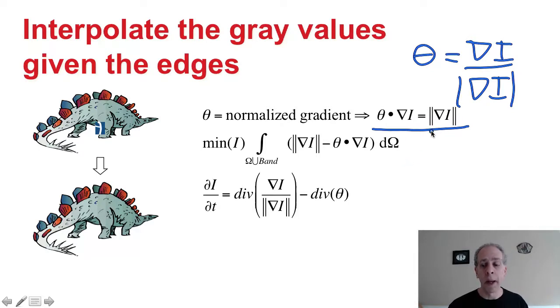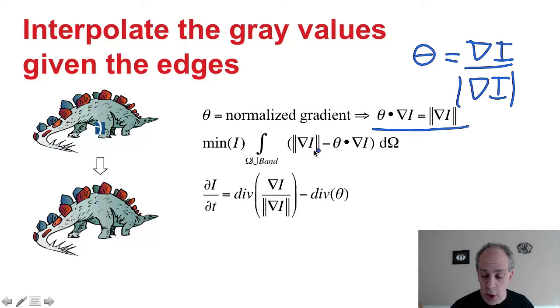And the goal now is to find an image inside the region to be painted that is consistent with this gradient. And we do that in a variational formulation. We optimize for the image in such a way that it is consistent with the gradient that we were given. That consistency is exactly what we have here.